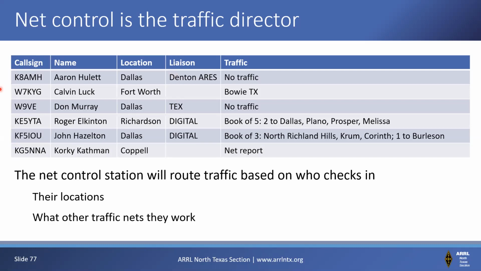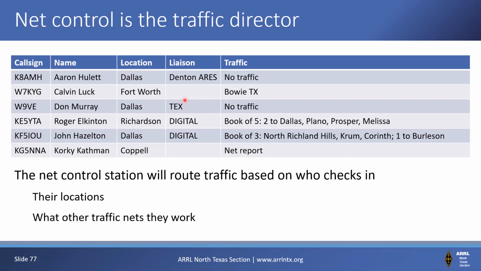And so, of course, I track myself as the net control station. Next, we had Calvin check in. He brought a piece of traffic for Bowie, Texas. Then Don, W9BE, checked in. He acted as a liaison for TEX, the Texas Traffic Net, which tells me, as a net control station, an option on how to route traffic out of Dallas-Fort Worth.